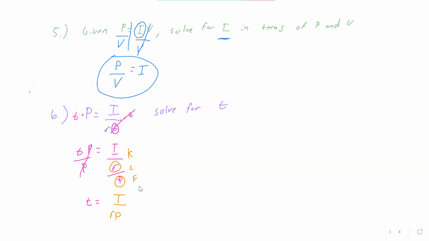KCF, when dividing fractions, I can technically put this over 1. And what I'll do is I'll keep the first fraction, which is I over R. I'll change this division bar into a multiplication sign. And I'll flip P over 1 to become 1 over P.